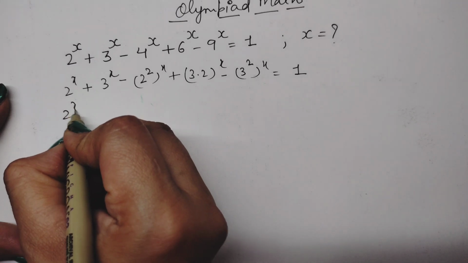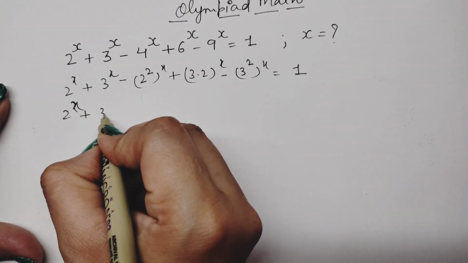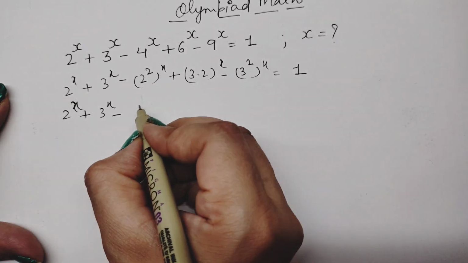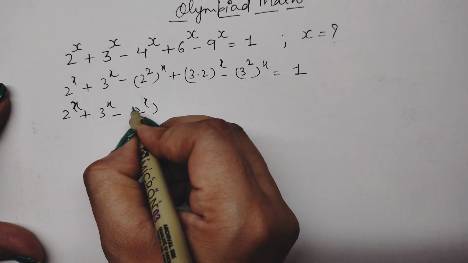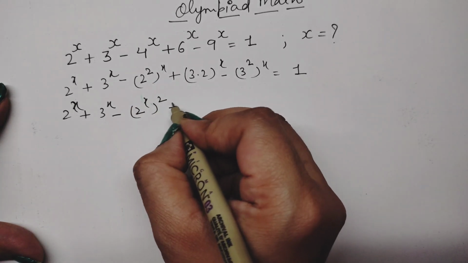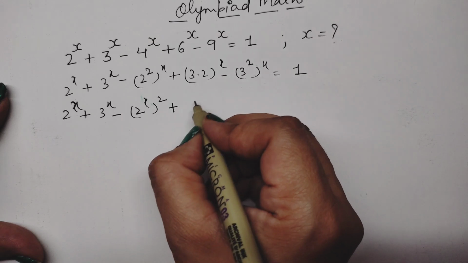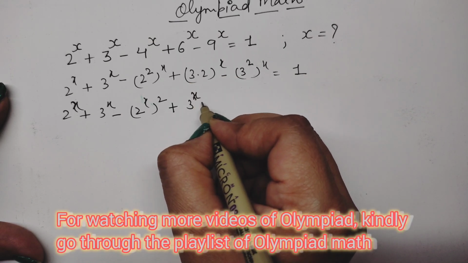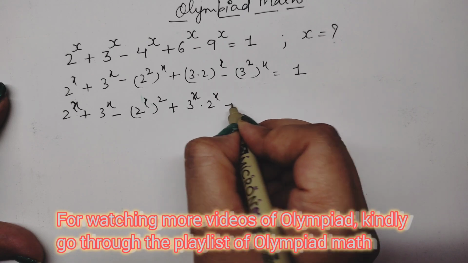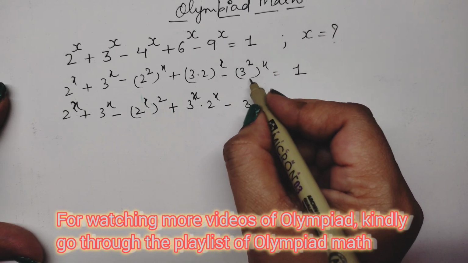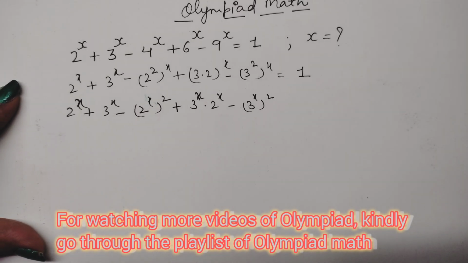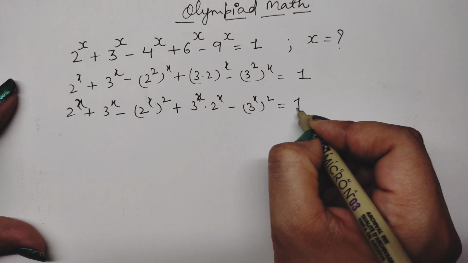After that, 2 power x and 3 power x are as it is, minus this x comes inside and 2 is outside. And we will split this power in both the numbers: 3 power x into 2 power x, minus the same x is inside and 2 is outside, is equal to 1.